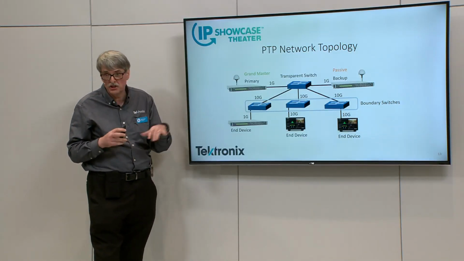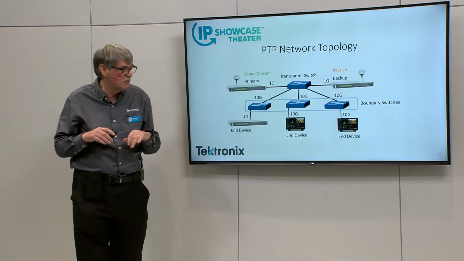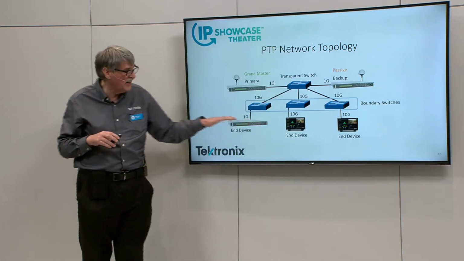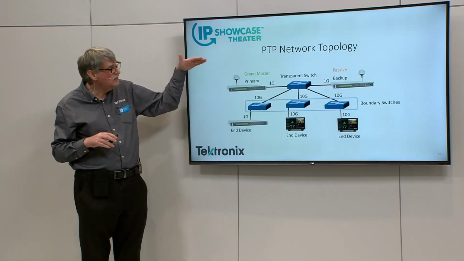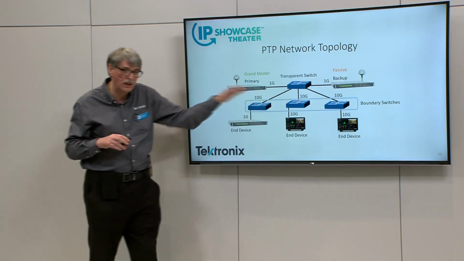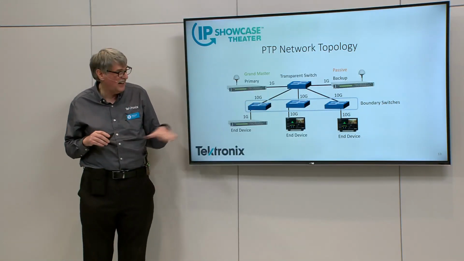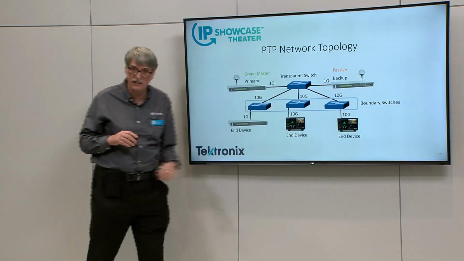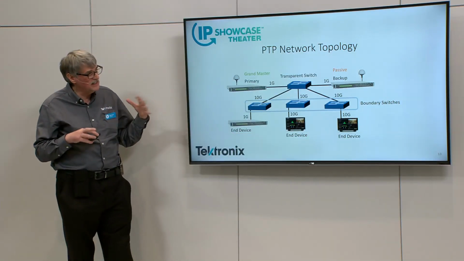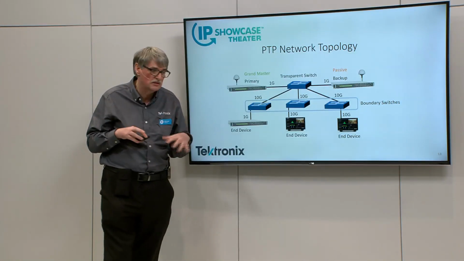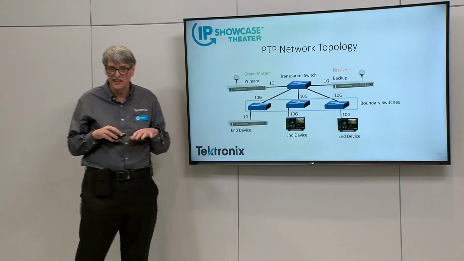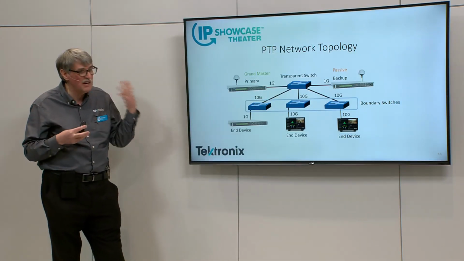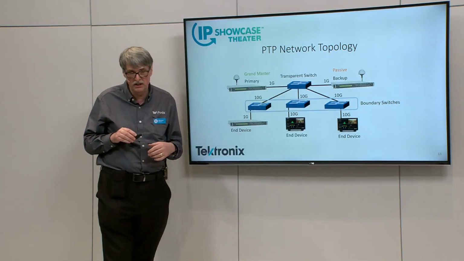So that's one strategy of streamlining the amount of messages between all these end devices and the grandmaster, so that the grandmaster is only talking to the boundary switches in this case, and never really talks to any of the end devices. So these are strategies you can use for PTP-aware switches to assist in the traffic flow of PTP messages across the network.